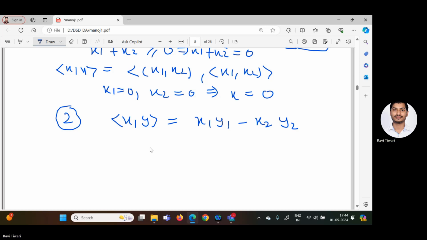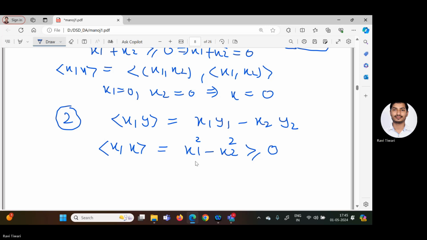You can find out: x1y1 minus x2y2. Now I am going to property number 4. The inner product of x and x will be x1 squared minus x2 squared. According to the property, this must be greater than or equal to 0.